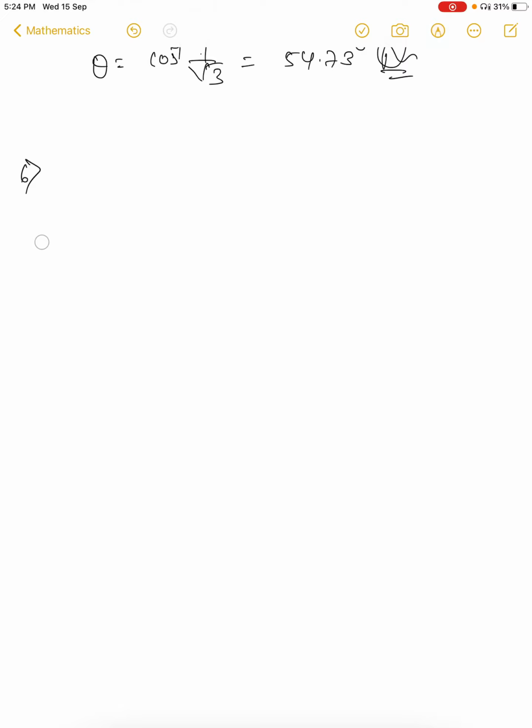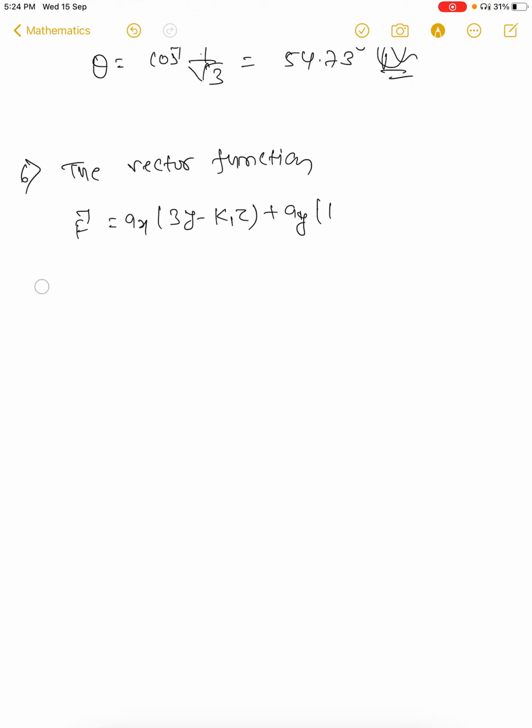This one is also from GATE 2017. The vector function F equal to ax times (3y minus k1 z) plus ay times (k2 x minus 2z) minus az times (k3 y plus z) is irrotational.